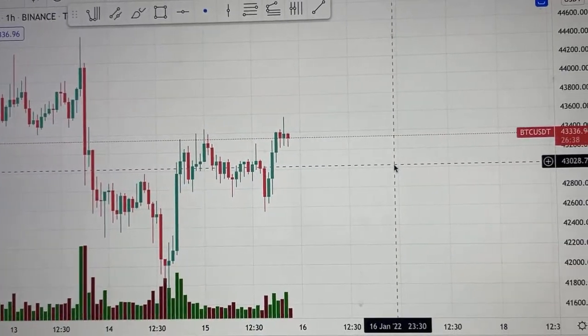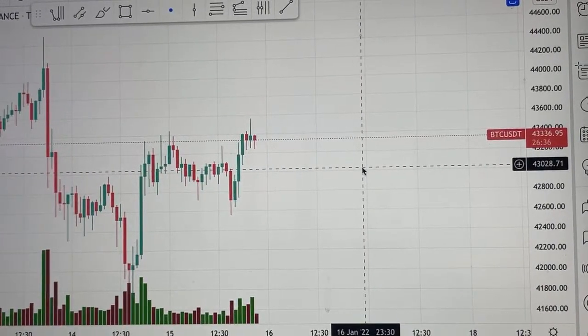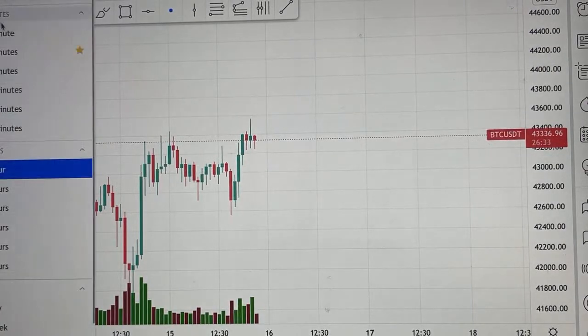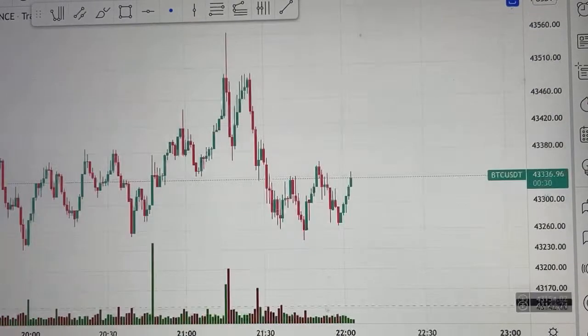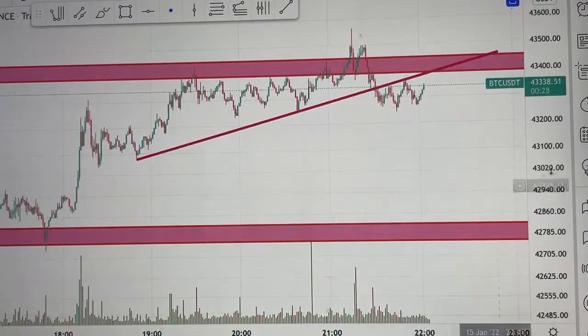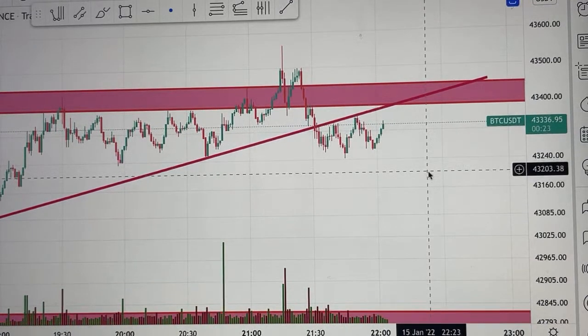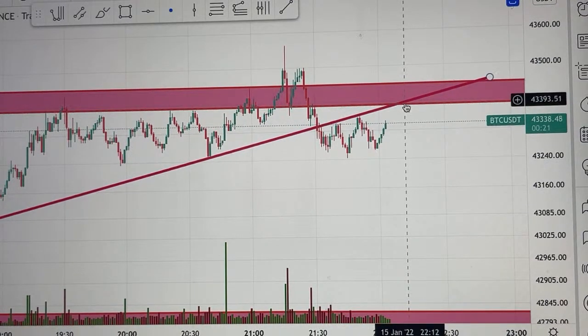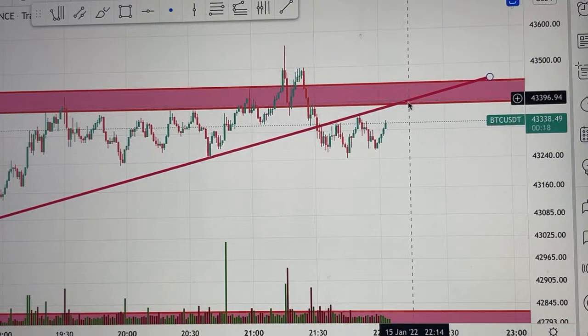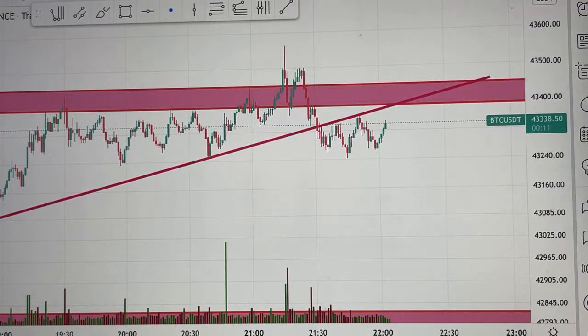So let's move back here. And let's see what's going on. I think this time my sell order is going to get activated somewhere around here. The previous time frame was 1 hour time frame.